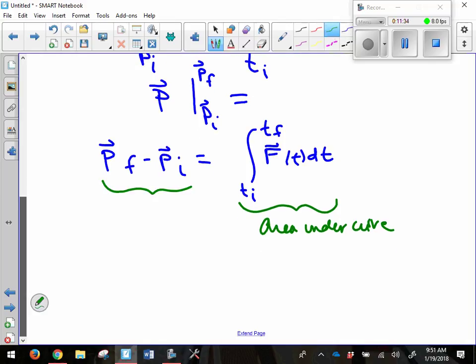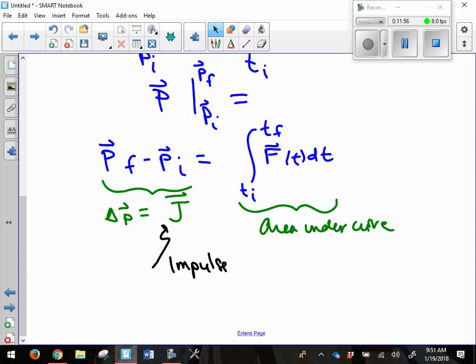And I call this, which I could call delta p, because it's the change in p, the standard nomenclature that we use for that. But I also call it j, where j is impulse.